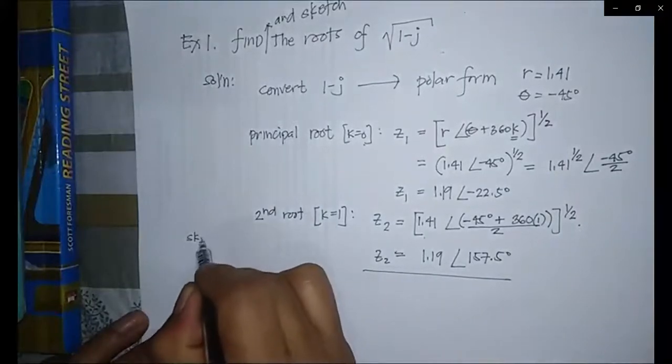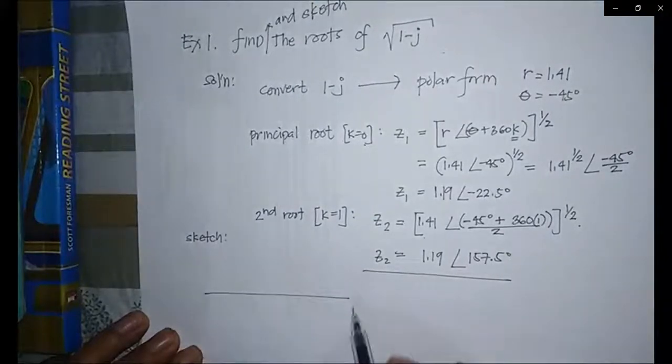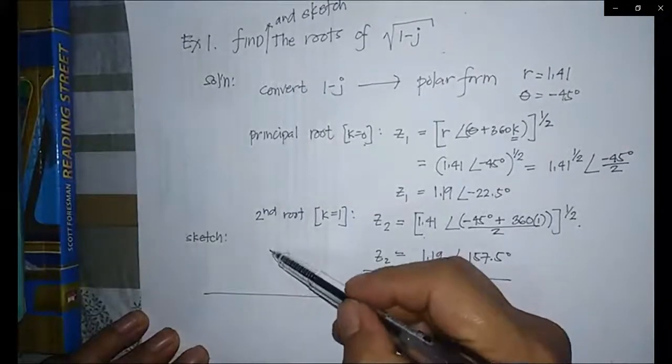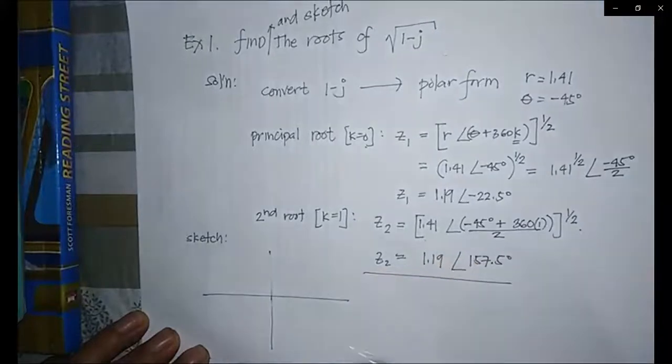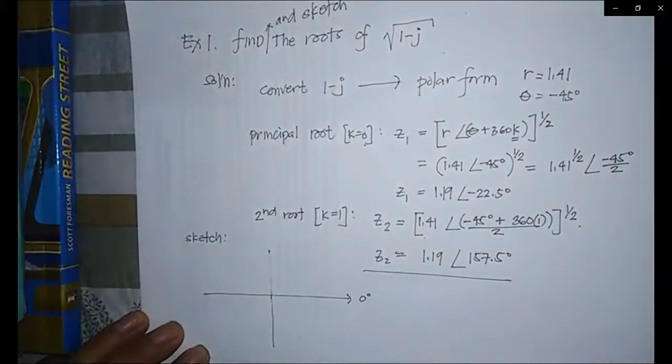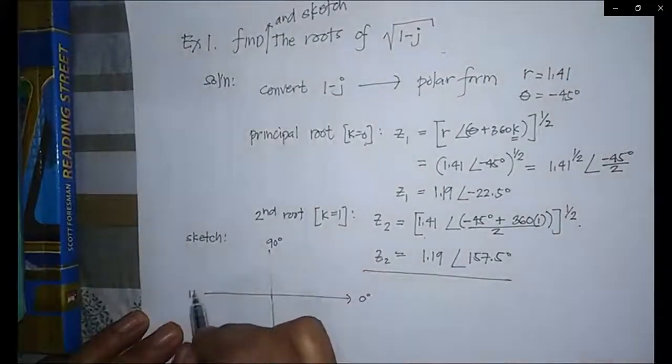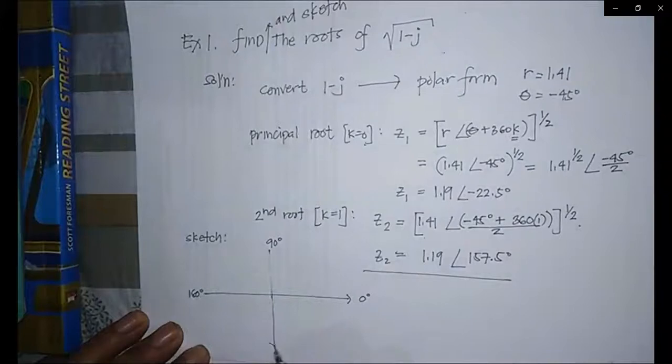Now, after finding all the values of the roots, we are going to sketch the roots in the Argand diagram. Take note that this is your 0 degrees. That will be your 90 degrees, 180 degrees, and 270 degrees. That will be our reference angle.